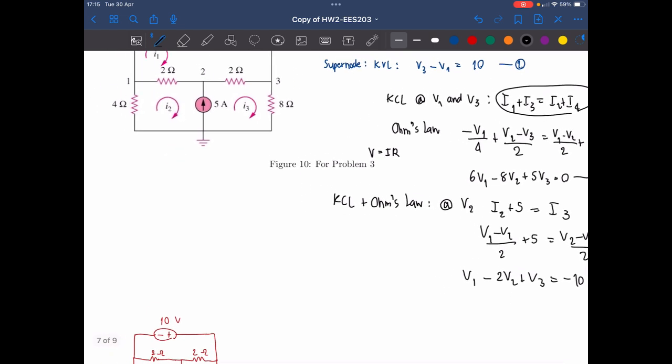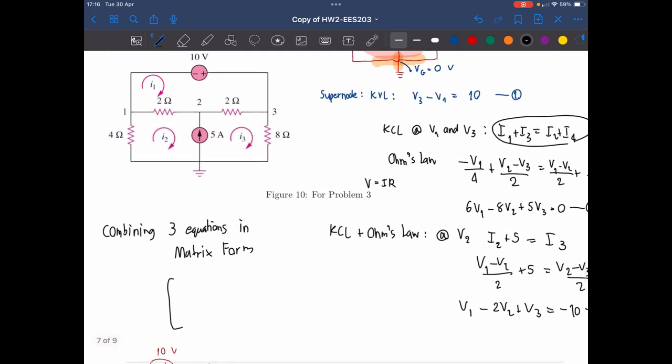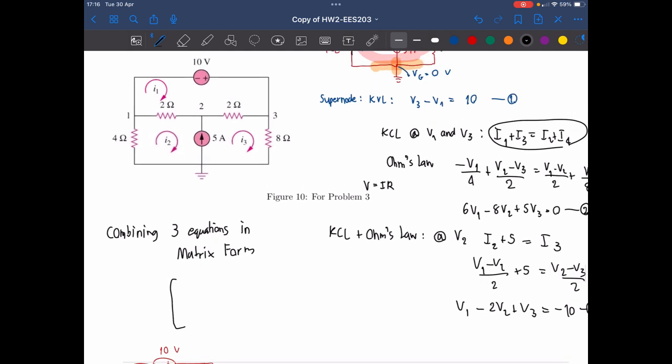Now combining all three equations in matrix form, starting from the first one, we get minus 1, 0, 1.